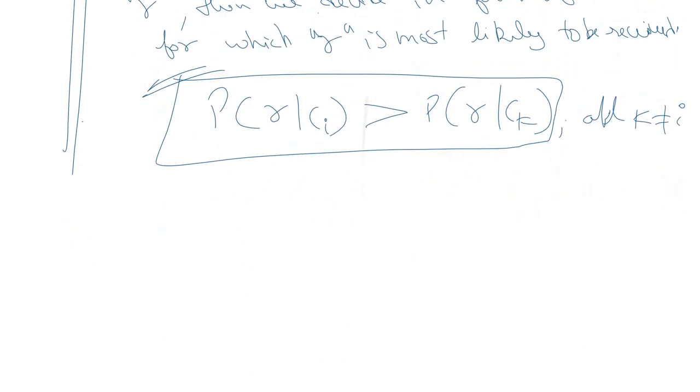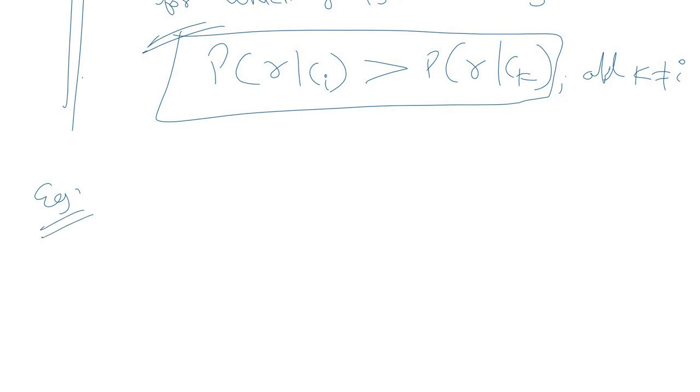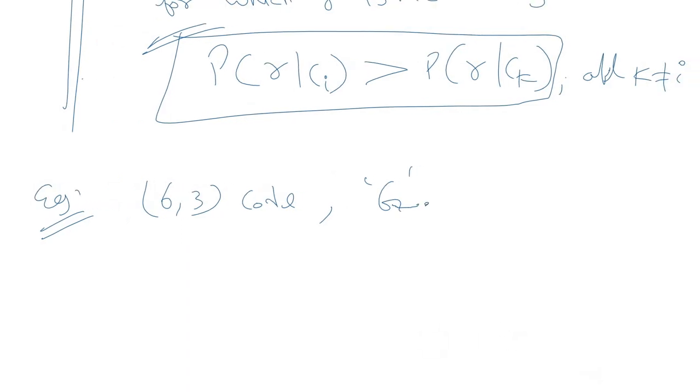Okay, so let us do this example. Let us assume the same parameters as in the example that we did in the previous video lecture. We are assuming the same linear (6,3) code and the same generator matrix G as we used in the previous example. The question is, the receiver receives the received word R as 100011.